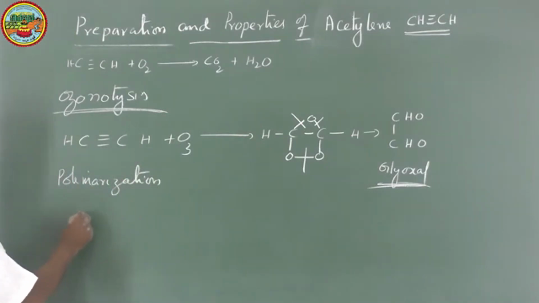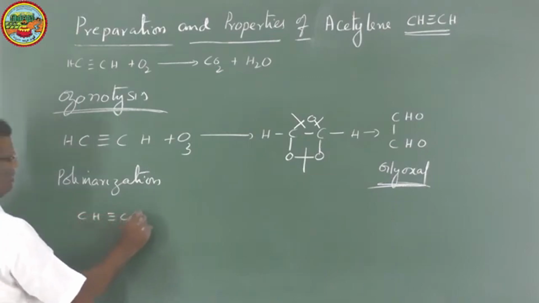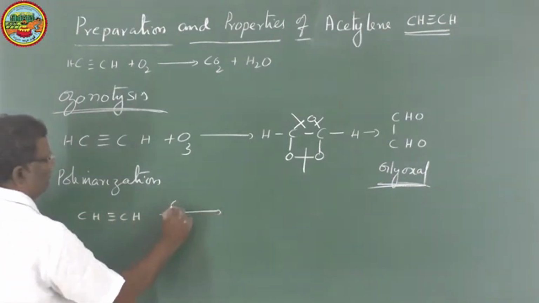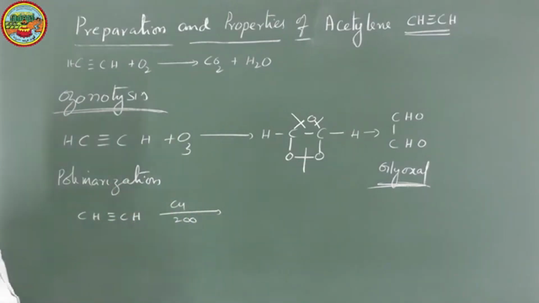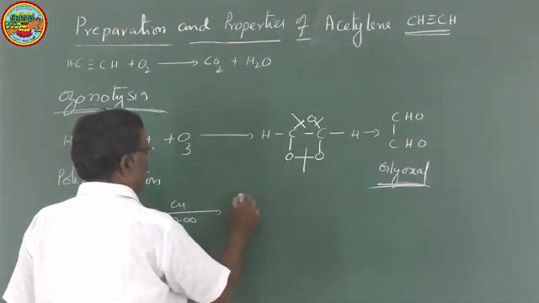Here, when acetylene is passed through copper tubes at high pressure and 200 degrees centigrade temperature, 3 acetylene molecules react.